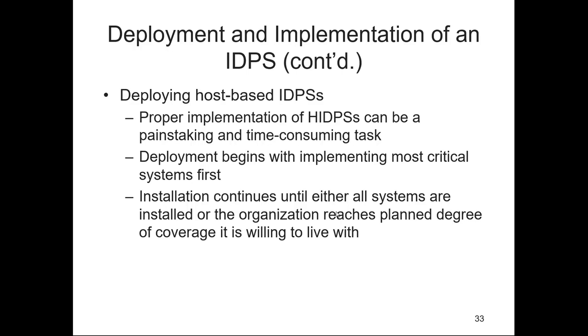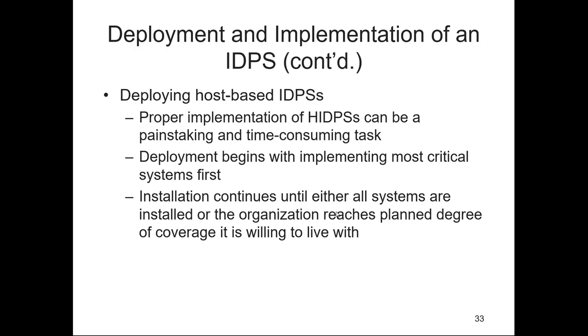Deployment begins with implementing the most critical systems first. If I have a server that has a lot of information, then I will configure that server first, and then I will go to the least and then the least. Installation continues until either all systems are installed or the organization reaches the planned degree of coverage it's willing to live with.